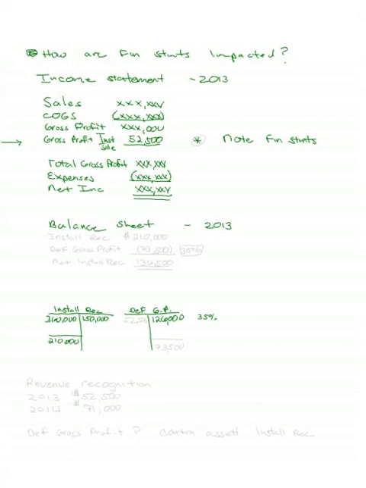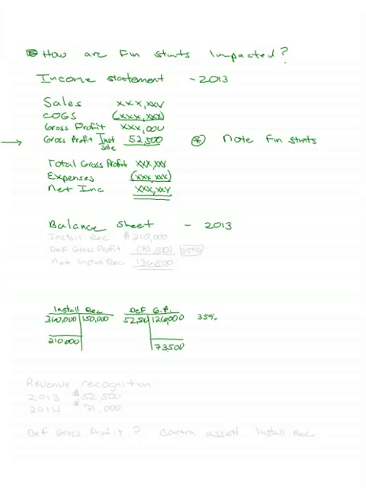As soon as we picked up the $150, we removed 35% of that out of deferred gross profit into earned gross profit. And as you'll recall, that was $52,500, the amount we put on the income statement. And so our deferred gross profit balance is $73,500.